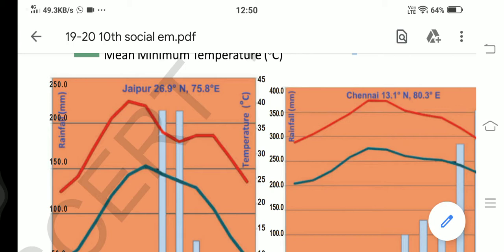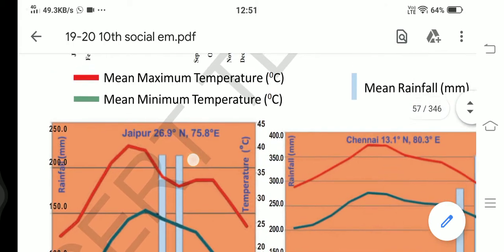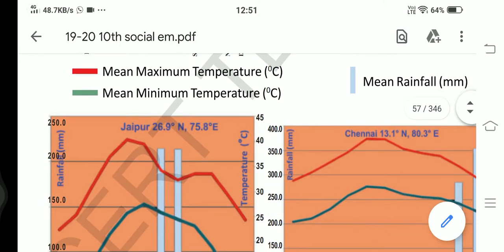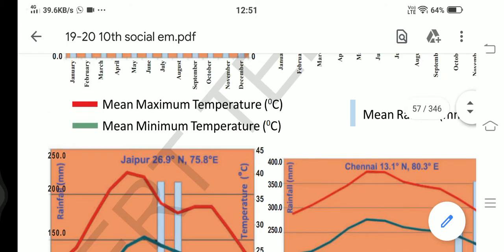Jaipur is a plain area, there is no tree cover. Darker areas mean land where forest cover is there; it absorbs the temperature much more, and radiates very little.